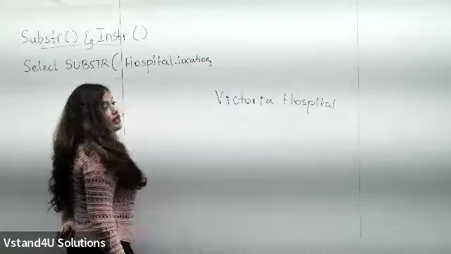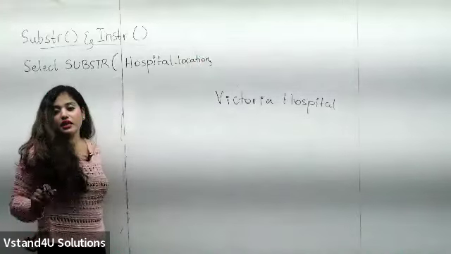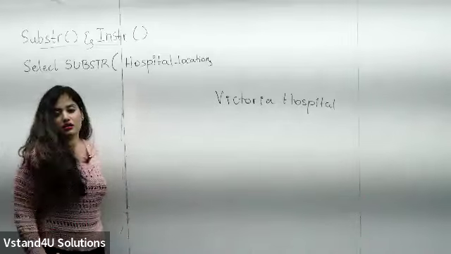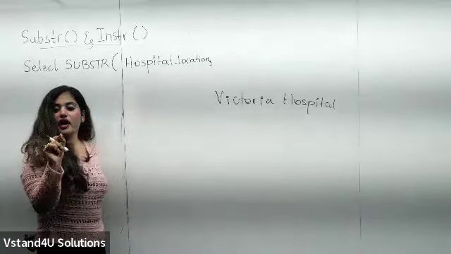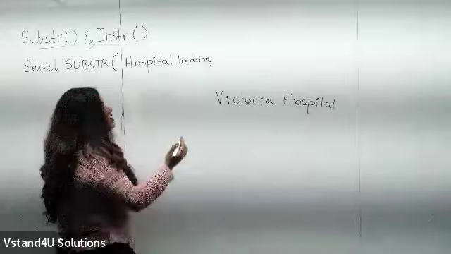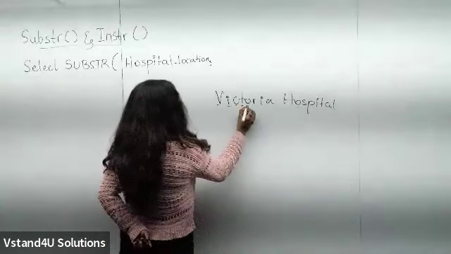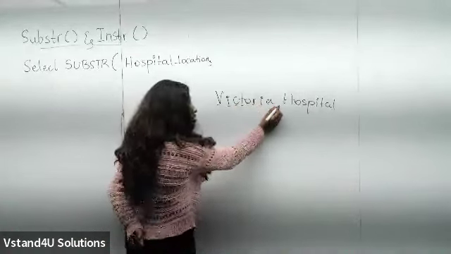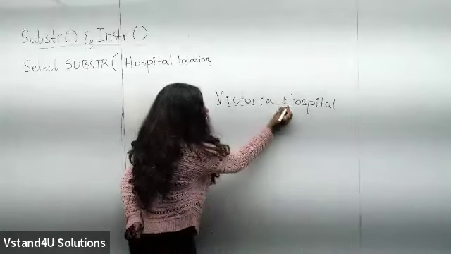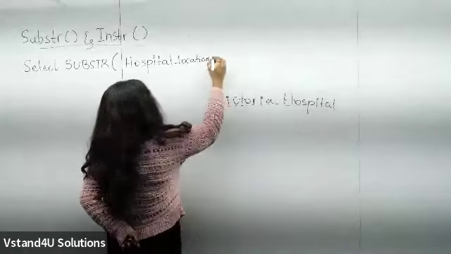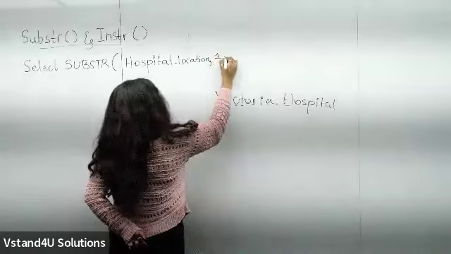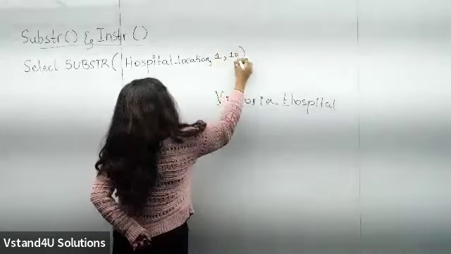Now, they are telling you to take out 10 characters from the starting. Yes or no? They are telling you first 10 characters. So it will take 1, 2, 3, 4, 5, 6, 7, 8. Will it consider space? 9 and 10. So you will be writing first 10 characters.